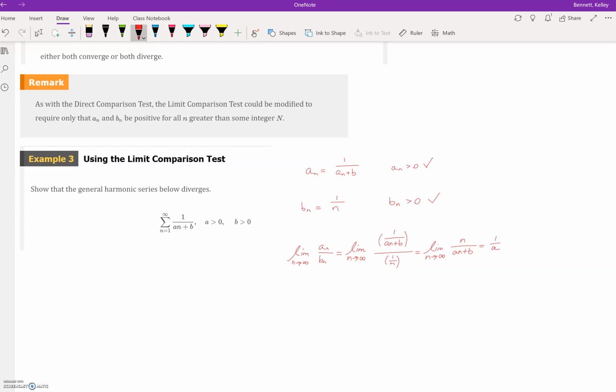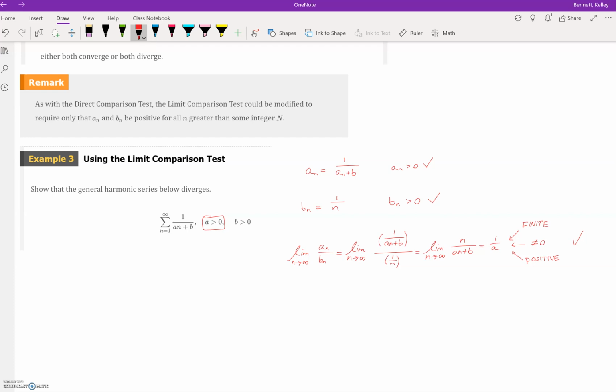So 1 over a, because we have here that a is positive, then this is finite, not equal to 0, and it's positive. So we're good there. So we've met all of the requirements by carefully selecting b sub n to be 1 over n.